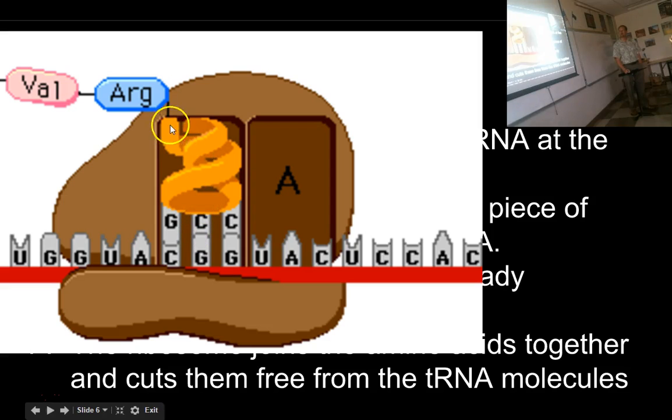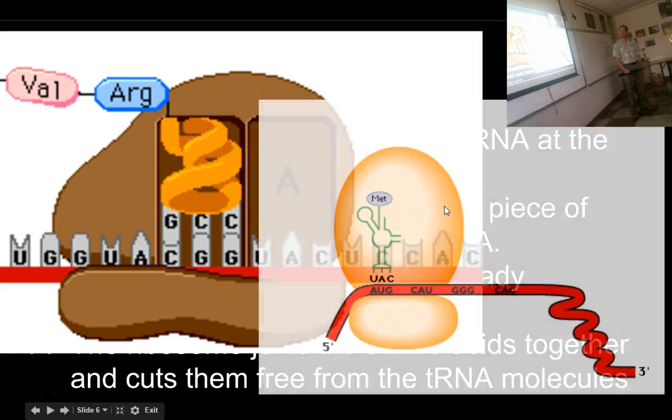And on the back of the transfer RNA is an amino acid. So the next transfer RNA slots in here, and it lines up with its anticodon. Then the ribosome is able to join this amino acid chain to the next amino acid, and then it slides down. And it keeps doing that repetitively.